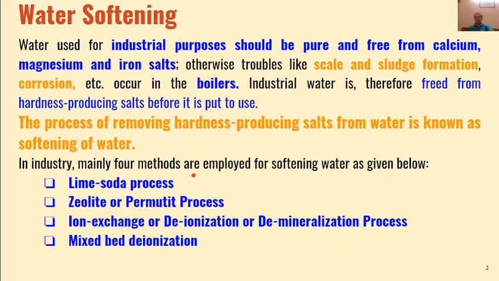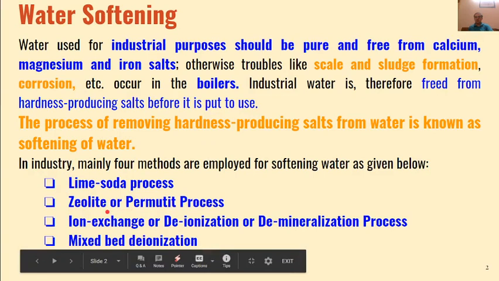I also told you about the various reactions of lime and soda with the salts which cause hardness. In the present lecture, we will discuss mainly the zeolite or permutoid process.